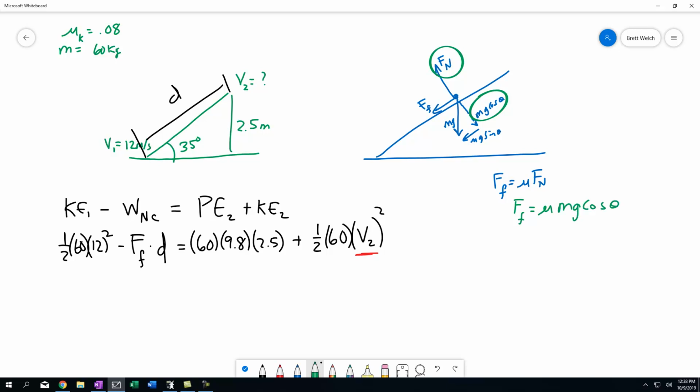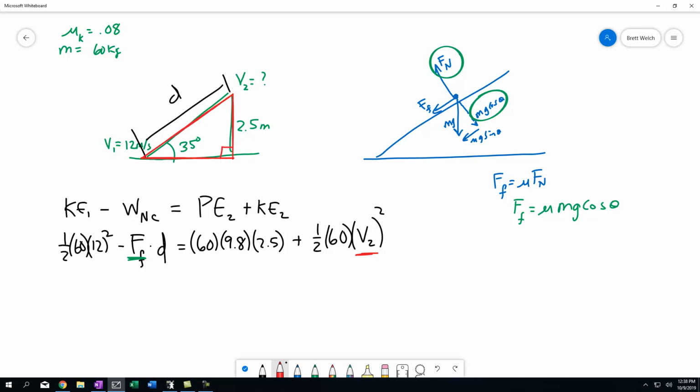So that allows us to say that the force of friction is mu mg cosine of theta. That's going to allow me to bring that information over where I see the force of friction. Now I know mu, I know mass, I know gravity, and I know the angle. So that's all known stuff. I can plug into the formula here. The last piece is, what's this distance? We come back to this drawing here, and we think about this right triangle.